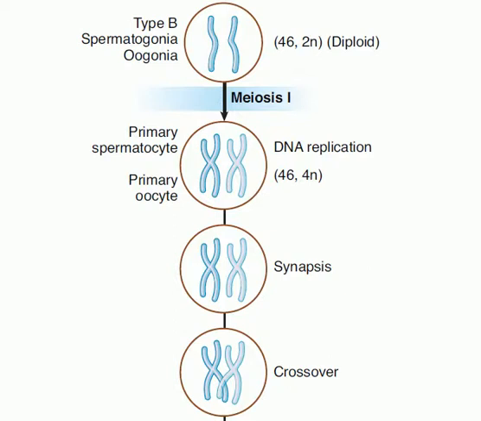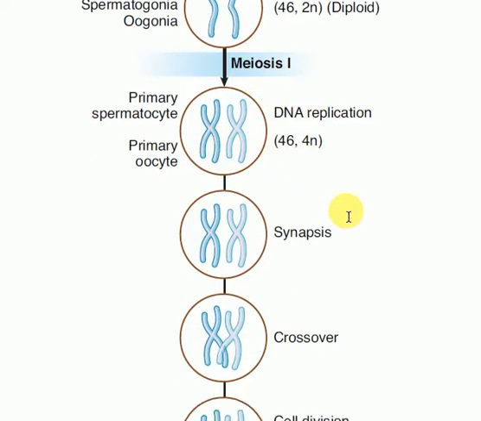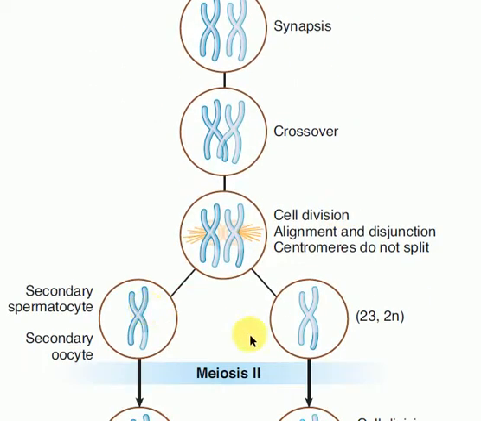In order to discuss that, we must see generally what happens. This is one cell, and it goes through the first meiotic division, and it forms two cells right here.